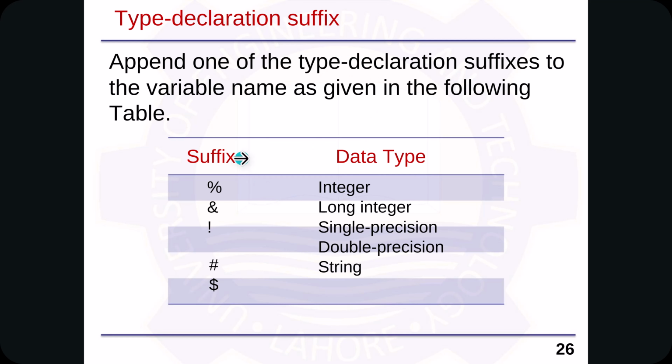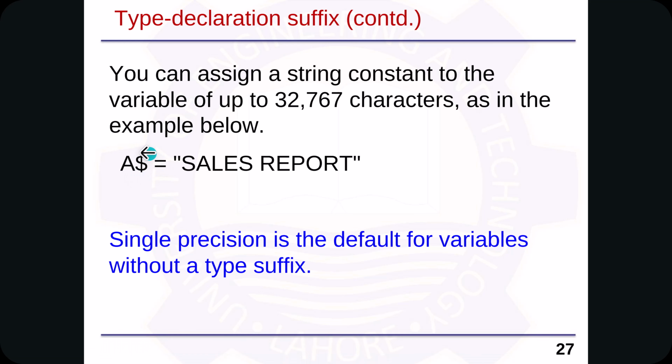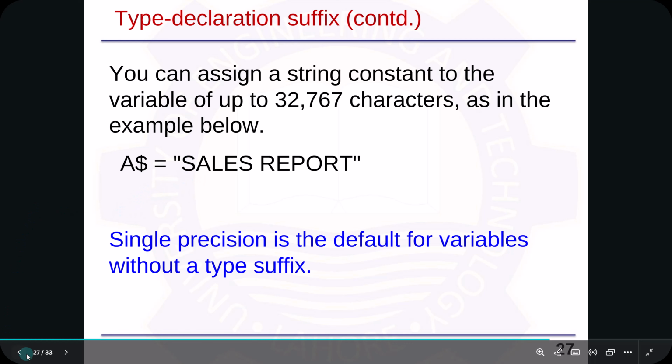So let's look at an example. We have an example here, the dollar sign sales report, which is in quotation marks, which says that it is a string. The suffix here is used to assign or reference a string data type, because when we come back here, the last suffix points to the string.